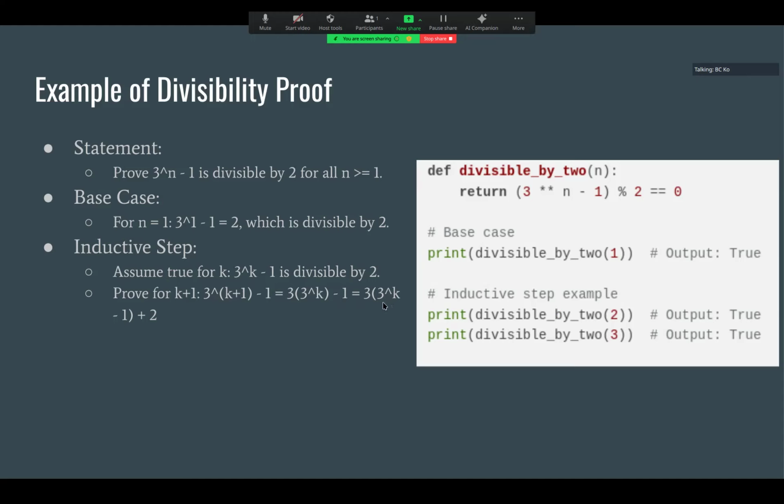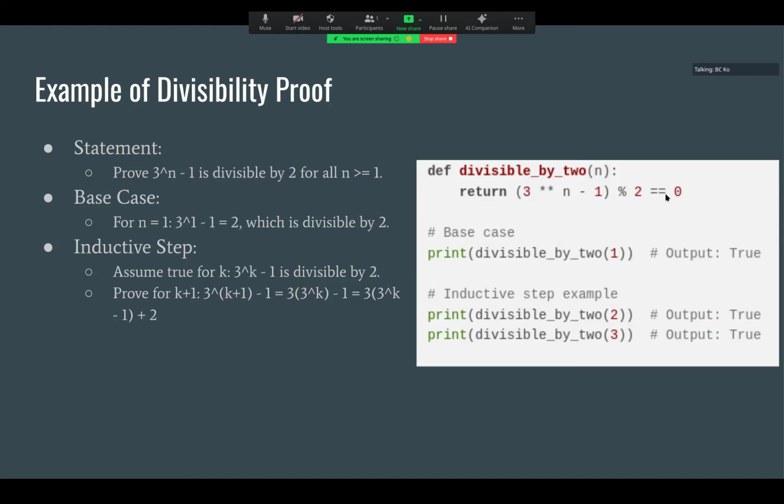So since we know that 3 to the kth power minus 1 is divisible by 2 by the inductive hypothesis, and we know that 2 is also divisible by 2, the statement holds for n equals k plus 1. So by induction, 3 to the nth power minus 1 is divisible by 2 for all n greater than or equal to 1.